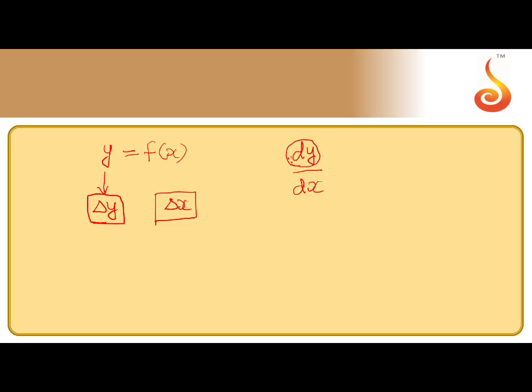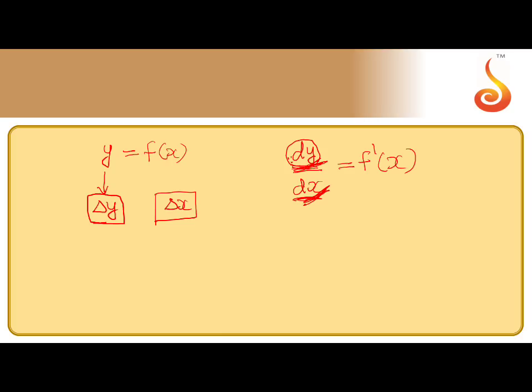But for now, dy represents the change in y. dx represents the change in x. This is called the derivative of y with respect to x, or it is read as differentiation of y with respect to x. This can also be written as f dash of x.